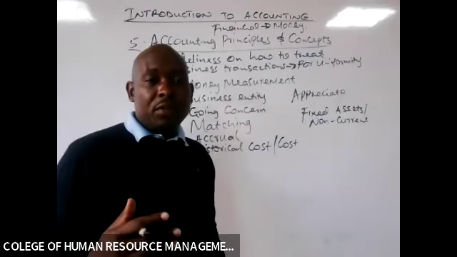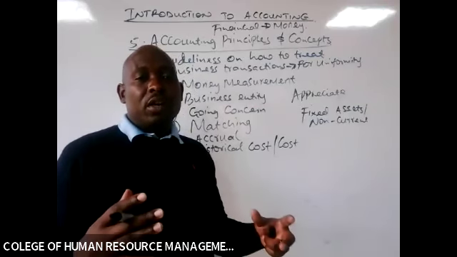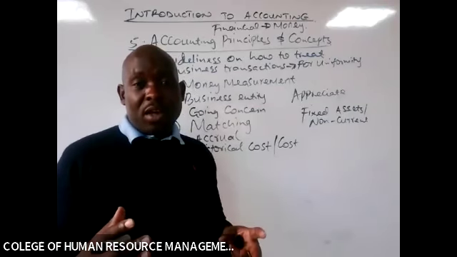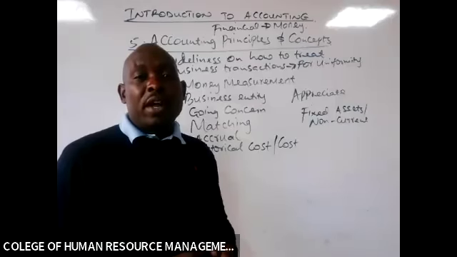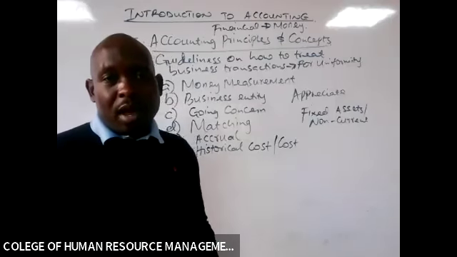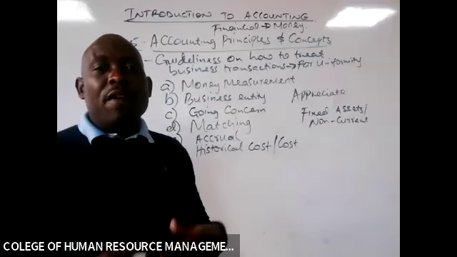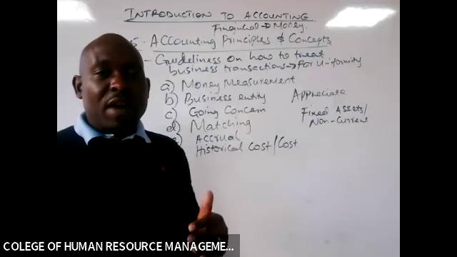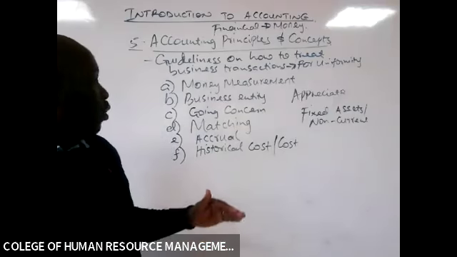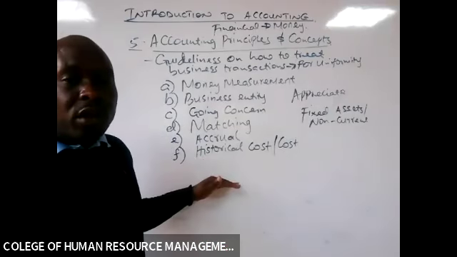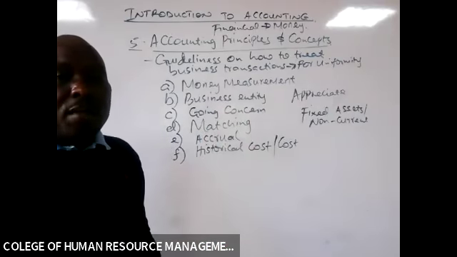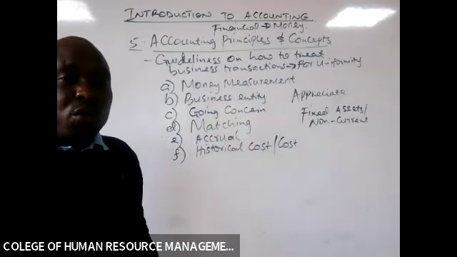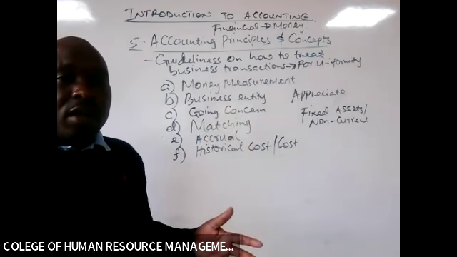So if they appreciate, we don't calculate depreciation there. We normally do what we call revaluation. Assets that appreciate, we revalue them. So we go to the initial cost, then we add the amount that they have increased by. Are we together?